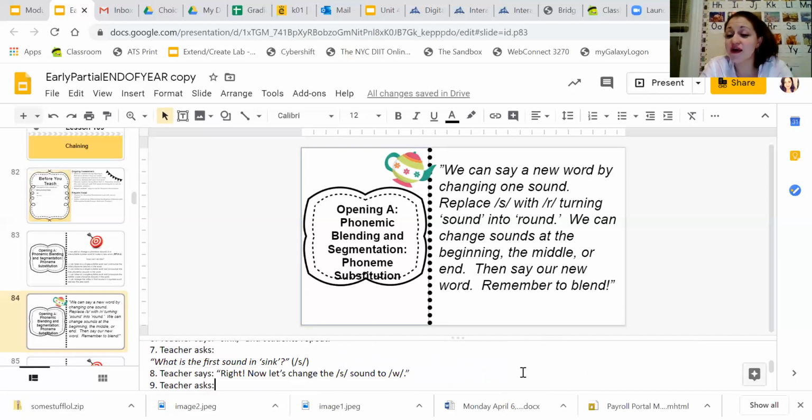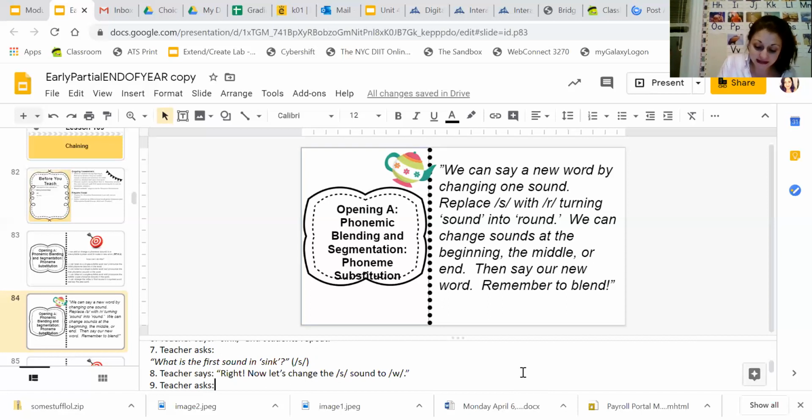We're going to change the s sound to a w sound right behind me. You see that w? The w sound. We're changing the s sound to a w sound. I want you guys to do that on your papers or your boards right now.